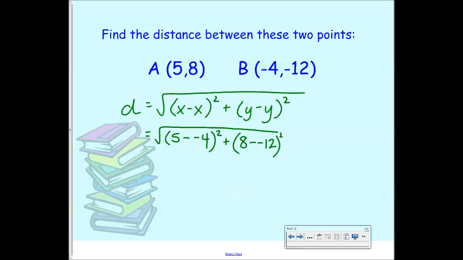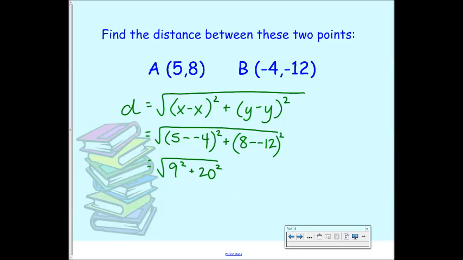Yep. All right. What's 5 minus -4? 9, because you add them. And then what's 8 minus -12? 20. Good. Because you add them. What's 9 squared? 81. And what's 20 squared? 400. All right.